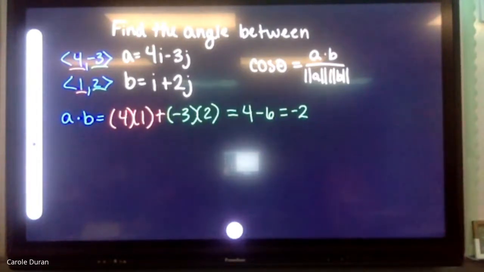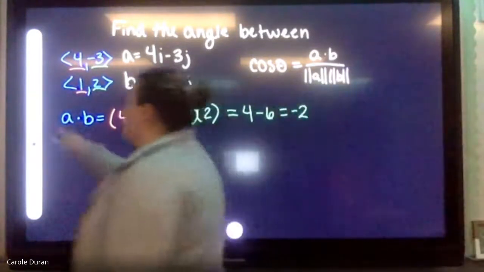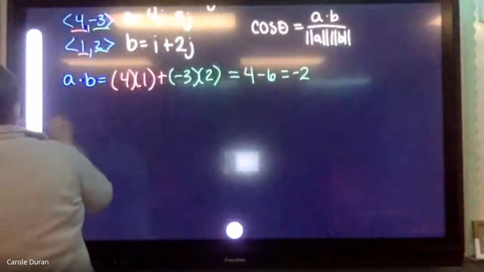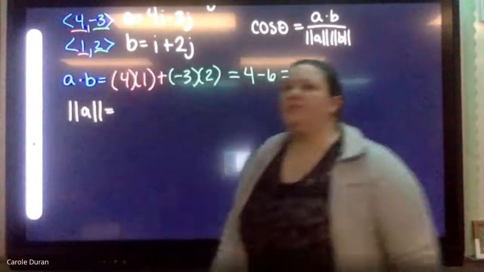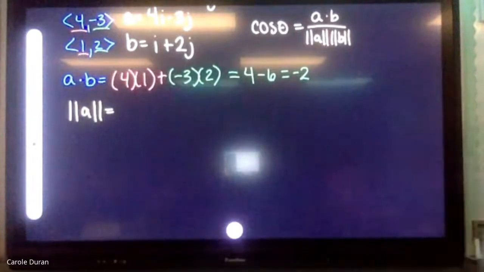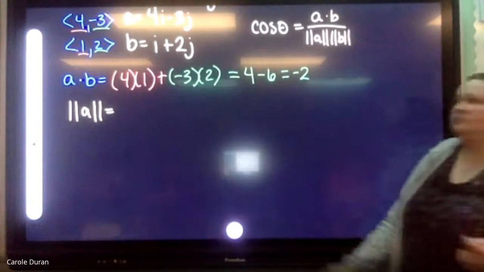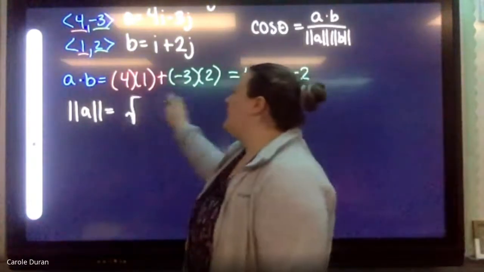What else do I need to find in order to compute the angle between the two vectors? The magnitudes. I have to assume that each of these vectors starts at (0, 0) because I was only given one point. So that makes it really easy. We're going to start with the magnitude of A. How do I find the magnitude of a vector A? Square root and then distance formula.